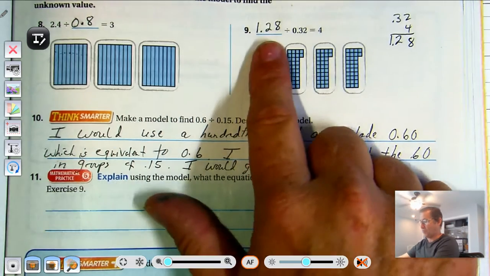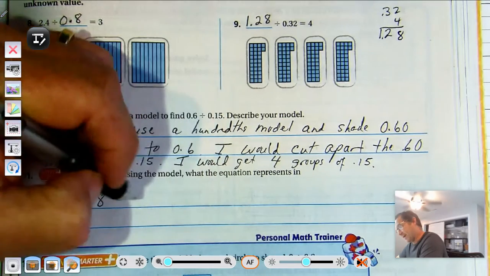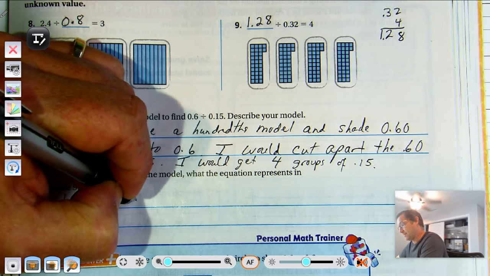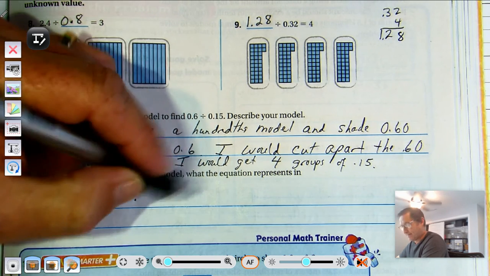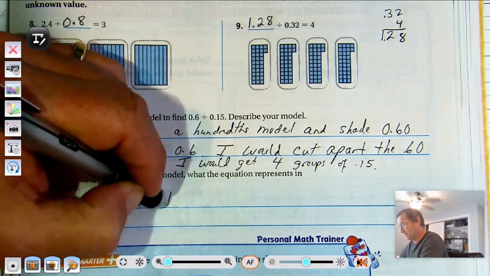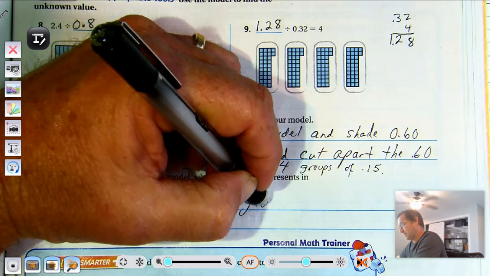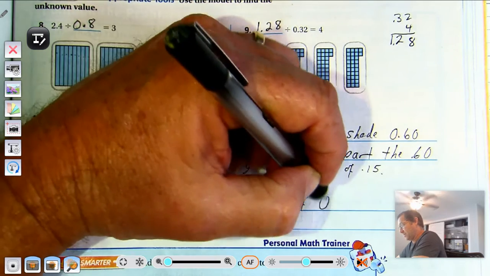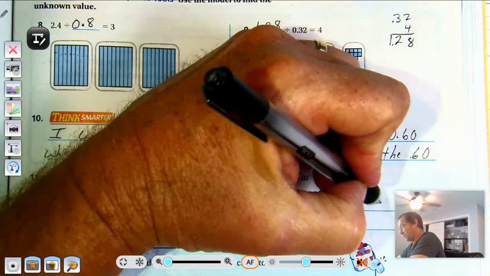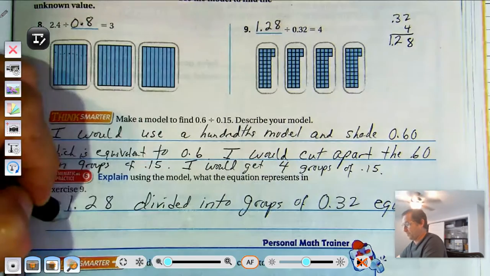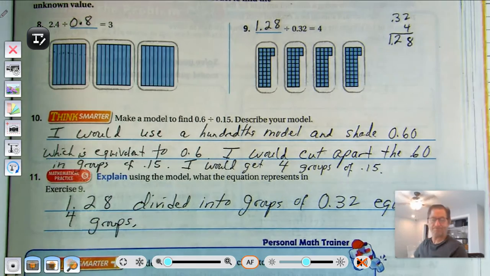Well, we have 1 and 28 hundredths divided into groups of 32 hundredths, which equals 4 groups.